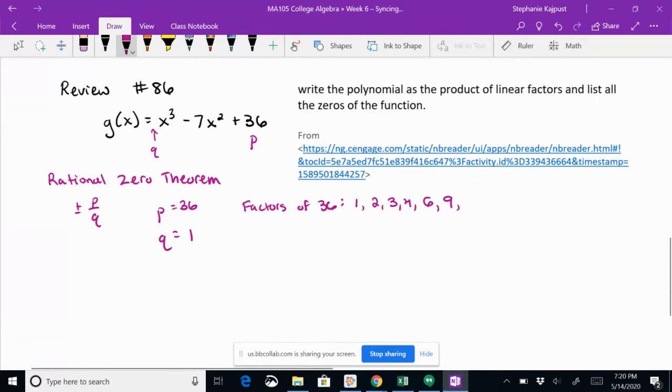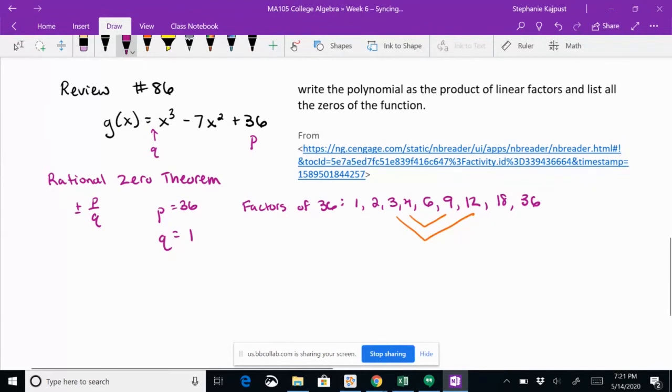And you can just use a calculator, just keep dividing basically until you go all the way through. I think that's 12. Let's see. And they usually come in pairs, which is kind of nice. So like 4 times 9 is 36. 3 times 12 is 36. So I need 2 times 18, that will get me to 36. And then 1 times 36.